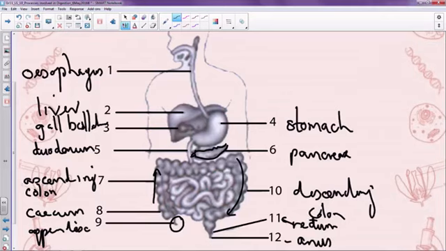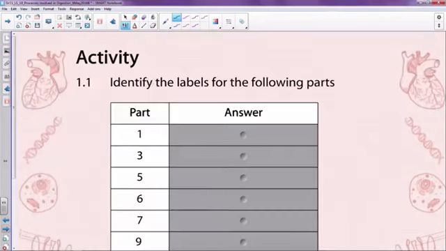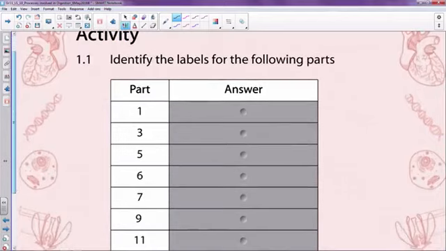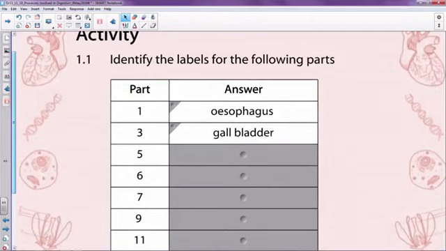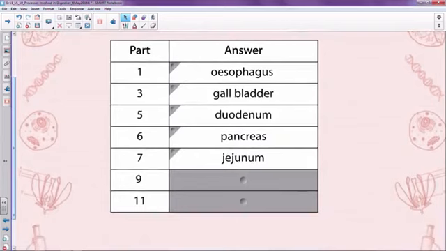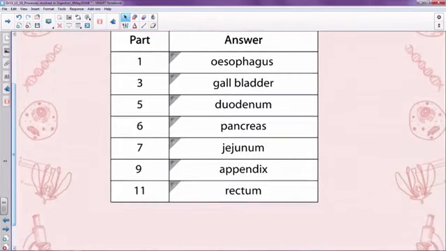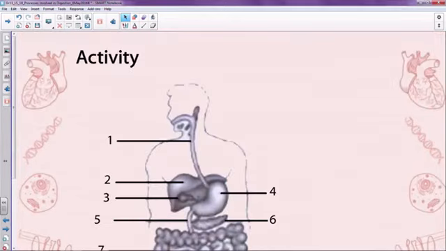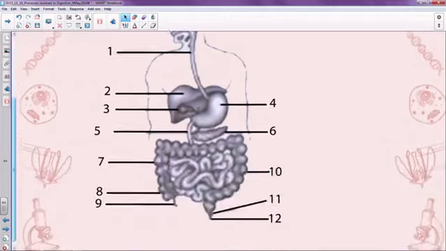So I'll very quickly label the diagram for you so it makes it a bit easier when you're actually looking at the labels. So identify the labels for the following parts, and as I've done that for you, number one was the esophagus, number three the gallbladder, number five the duodenum, number six the pancreas, number seven we looked at was the jejunum, number nine the appendix, and number 11 the rectum. So very quickly I've done that for you. So let's get straight into some more questions relating to this diagram.